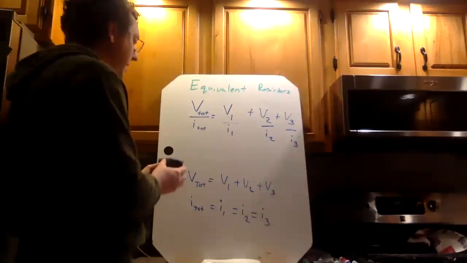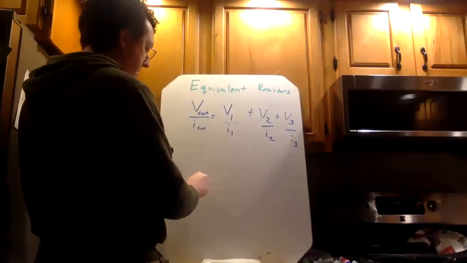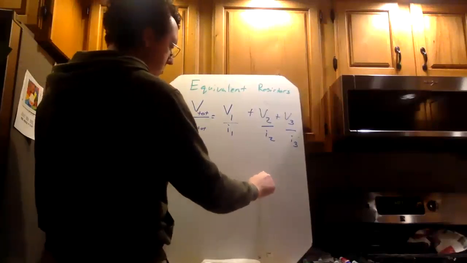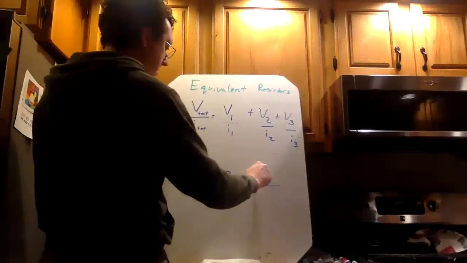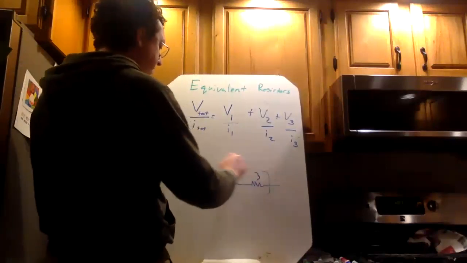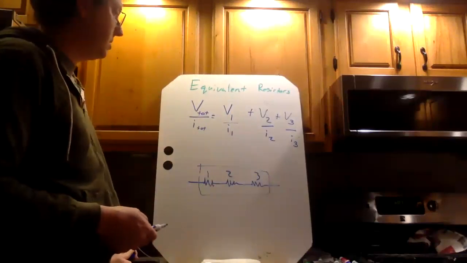And what this is like is the following. It's like I had my resistors, 1, 2, 3, and it's kind of like I've just shrink wrapped it with plastic and viewed it as one giant object.